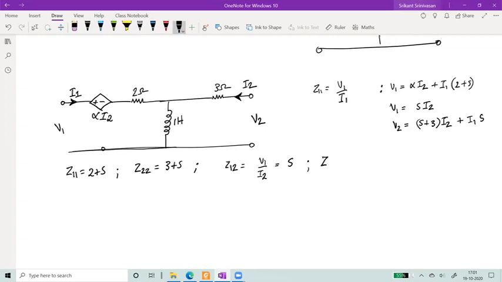And Z21 is V2 over I1 when I2 is set to 0. So that's equal to V2 over I1 is also equal to S.